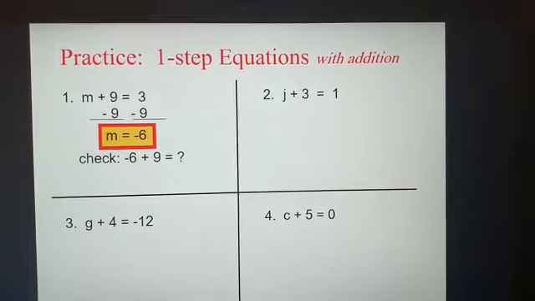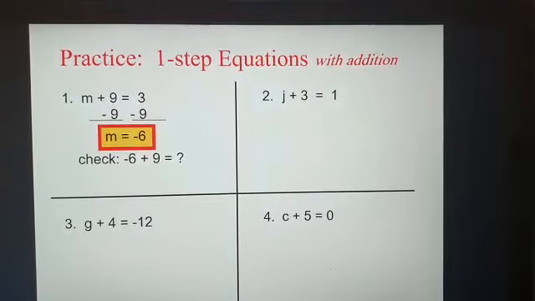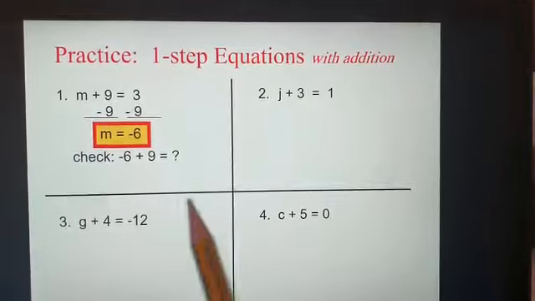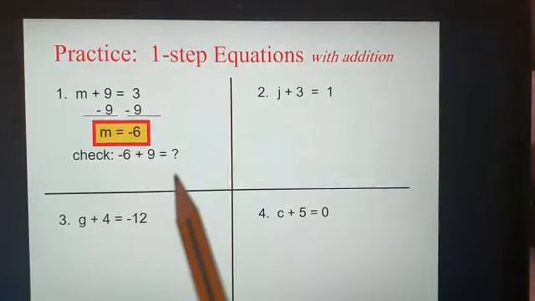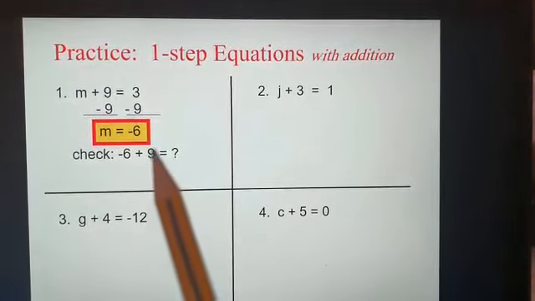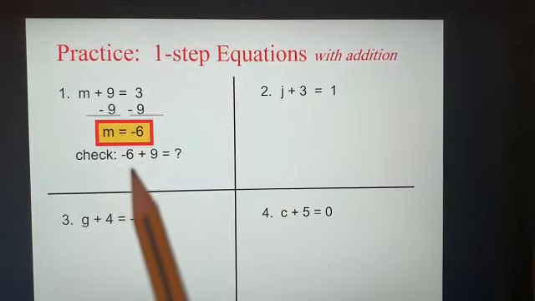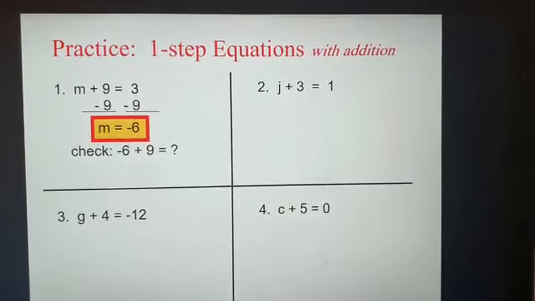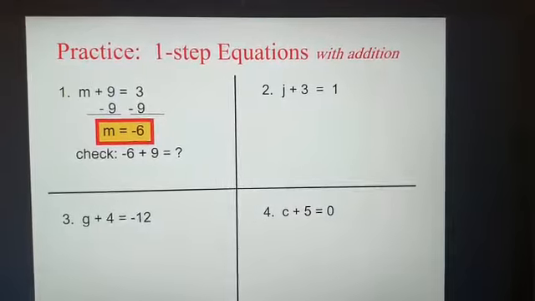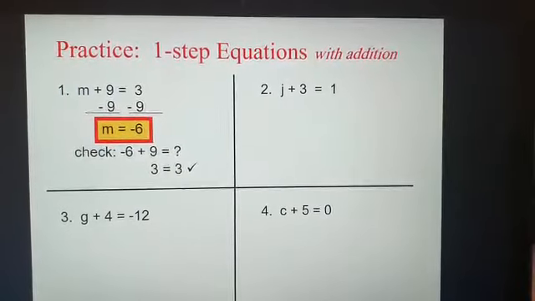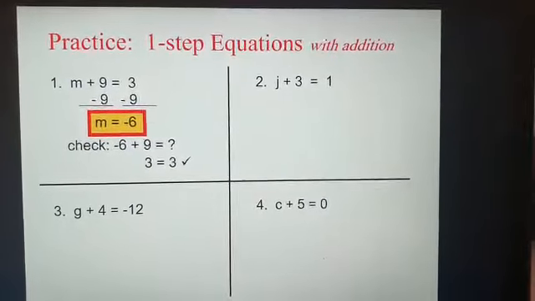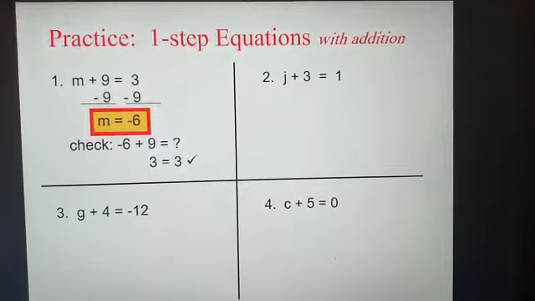So negative 6 plus 9 equals what? We have two integers with different signs. We will use the sign of the bigger number and subtract. So 9 minus 6 equals 3. So the left hand side equals the right hand side, so my answer is correct.